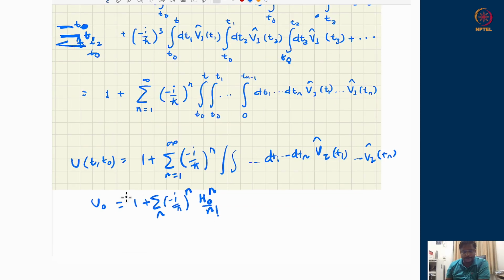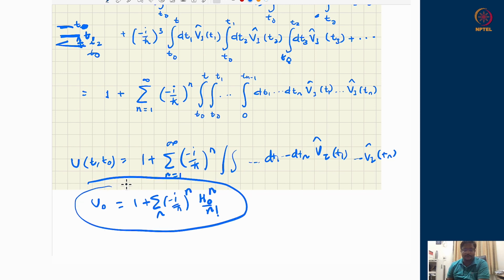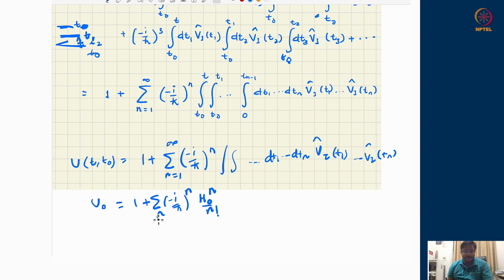So we are trying to obtain the version of the unitary time evolution operator, which used to be the plain simple exponential in the free theory, in the interaction picture, U of interaction, for which we have obtained an expression, which is this integral power series expansion.